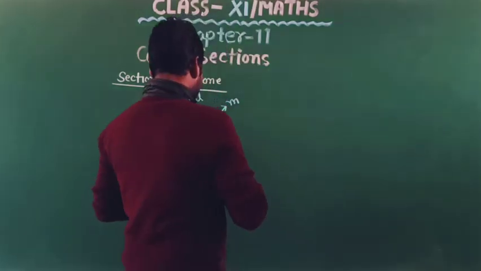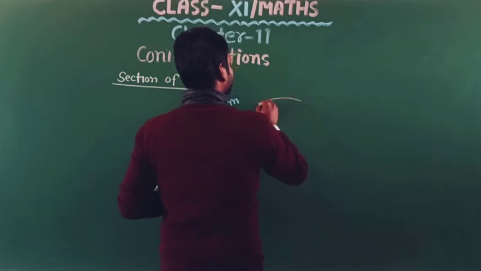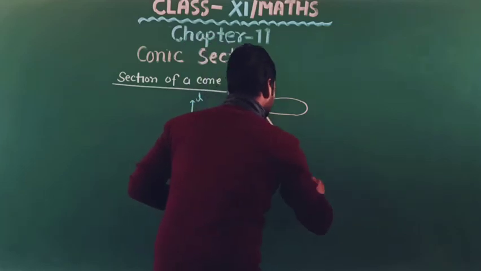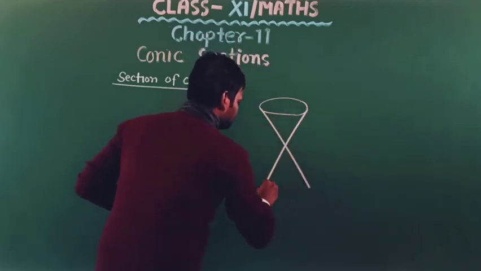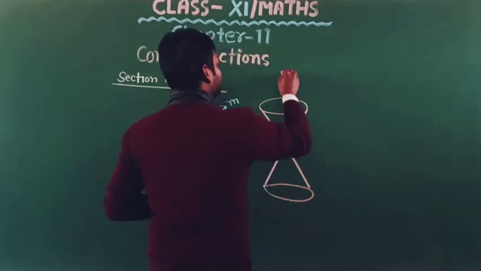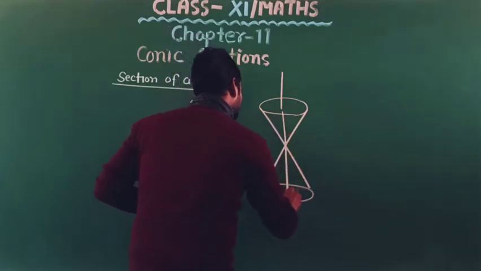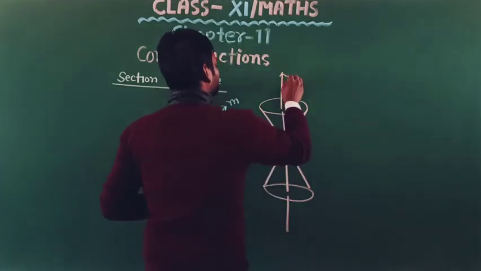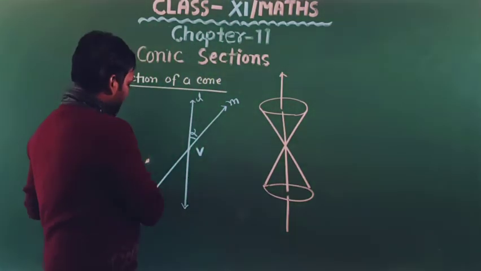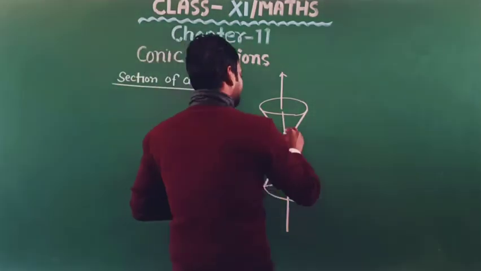So we can see the figure over here. This is the surface generated after rotating the line M in such a way that the angle alpha remains constant.